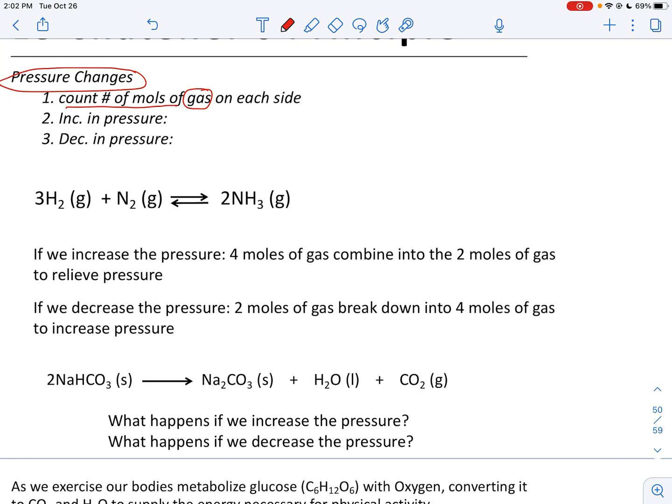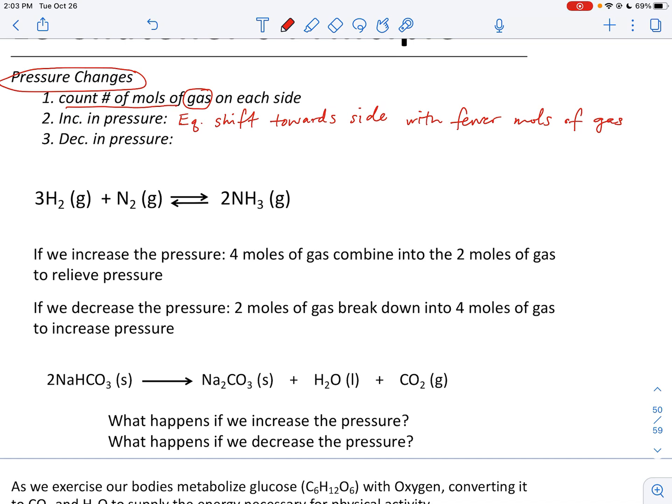Number 2, an increase in pressure will cause equilibrium to shift towards the side with fewer moles of gas.